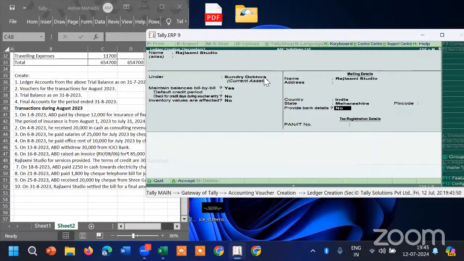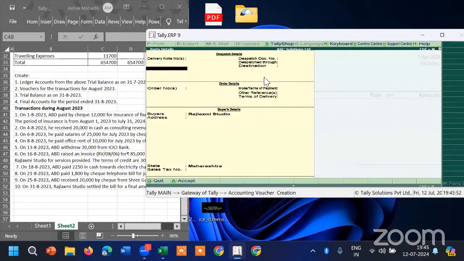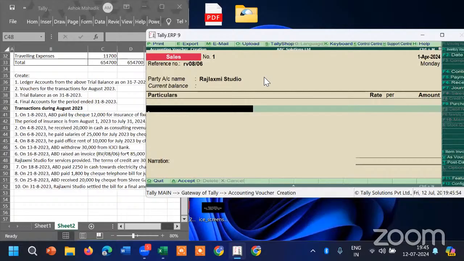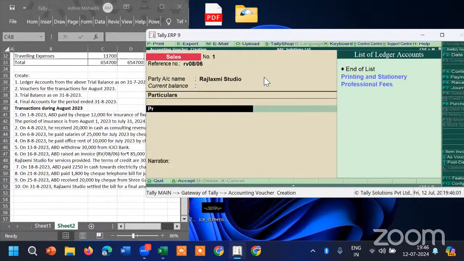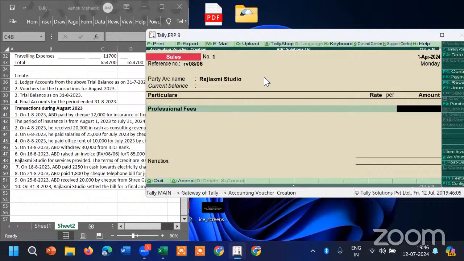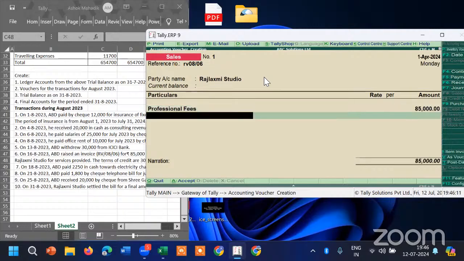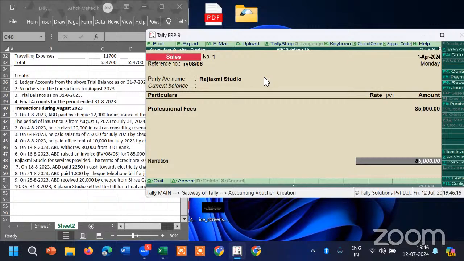Rest will remain same. No opening balance. Control A again. More details they are asking. And we are charging the professional fees, right? How much? 85,000. I hope you understood. We pass the entry. Done. Next.